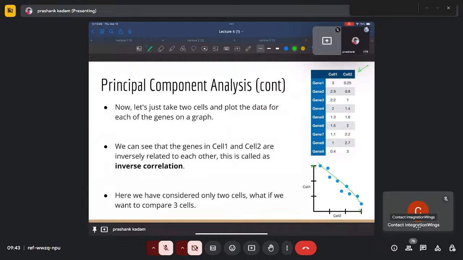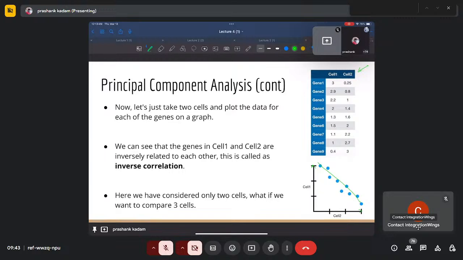So we say that they are inversely correlated to each other, right? This is how you can do a basic analysis between two distinct cells. You plot the information of both cells on a plot, and you can see how they are related to each other. But what if I have 3 cells, right?